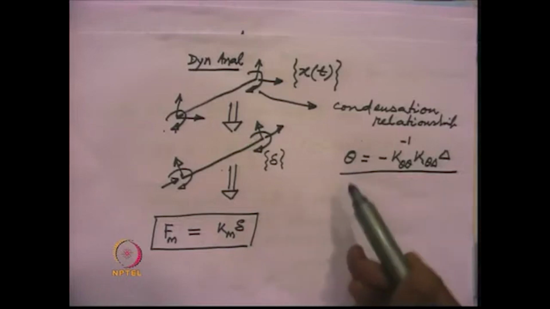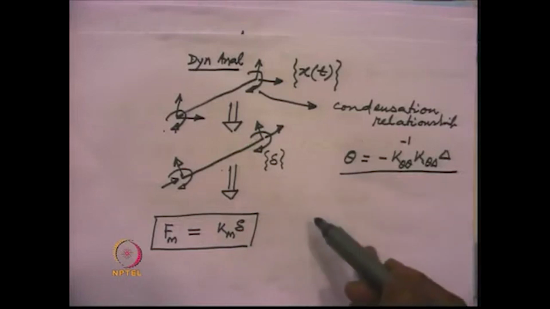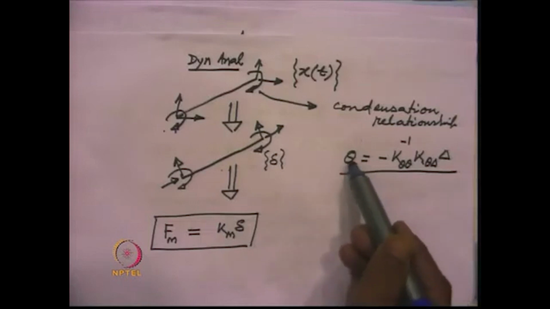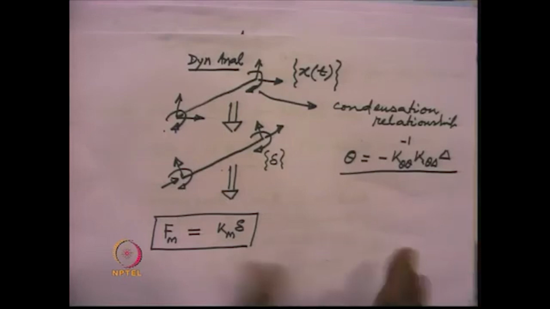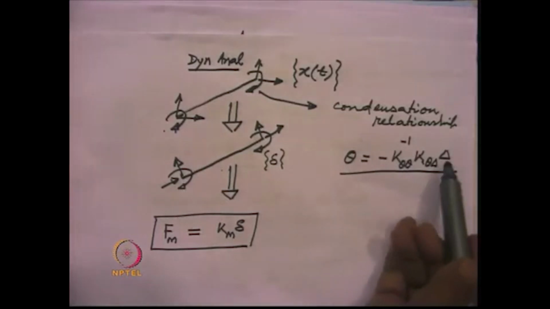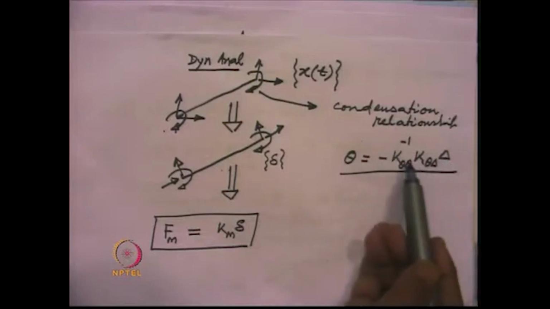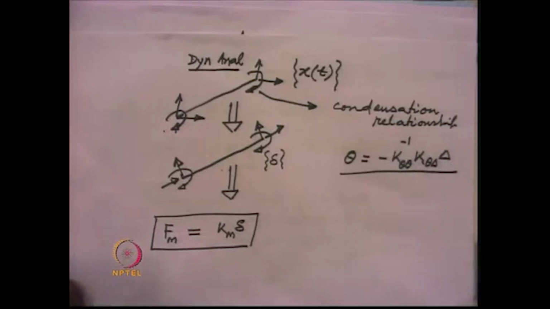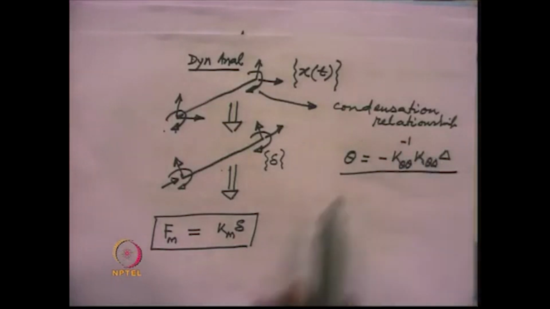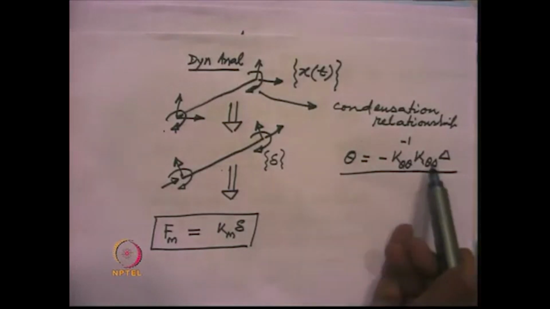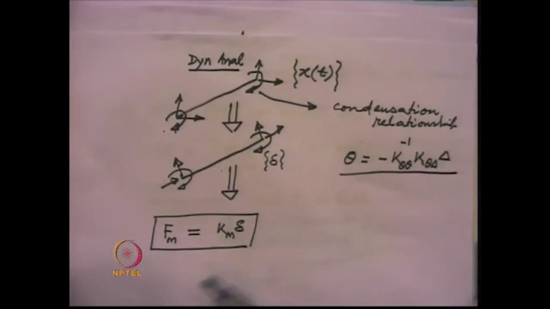We substitute theta in the other set of equations, and we get a condensed stiffness matrix which corresponds to only delta degrees of freedom. k theta theta is the partitioned matrix corresponding to theta degrees of freedom only, and k theta delta is the coupling matrix between the rotation and displacement degrees of freedom.